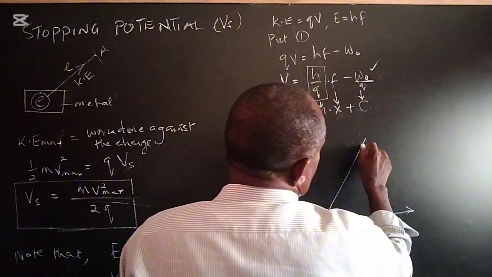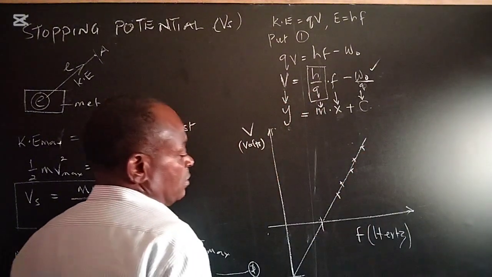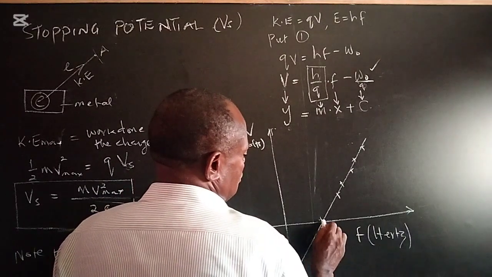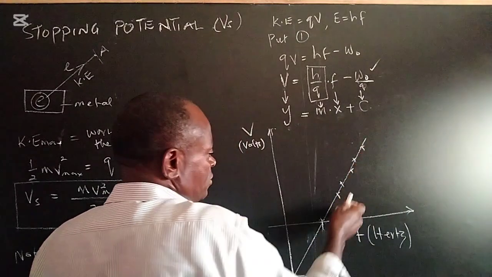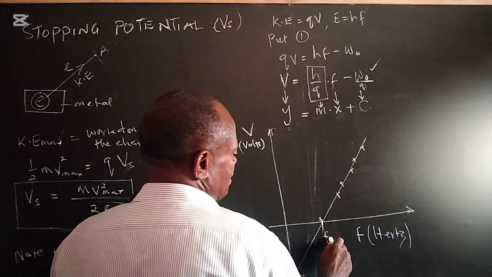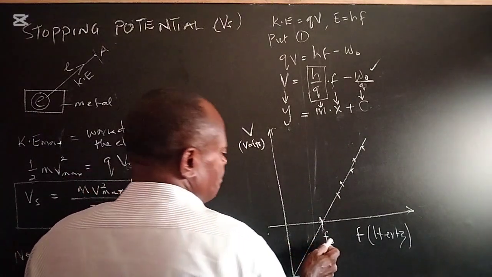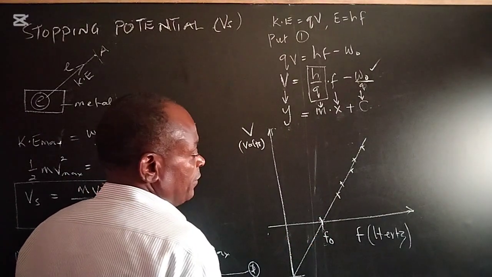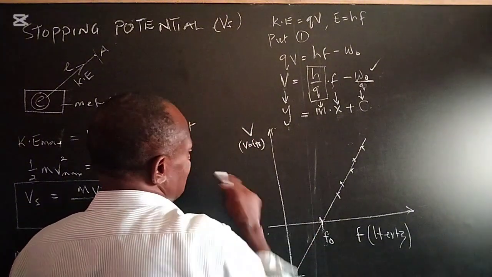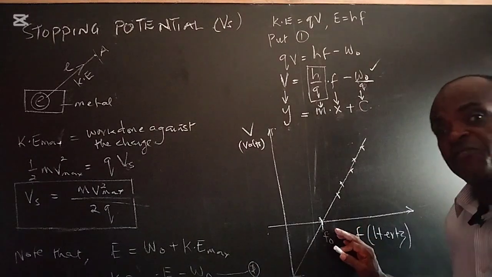Assuming your points are scattered around the graph like this, this is what it will look like. And here, this point where the graph line crosses the frequency axis shows f0, and we told you from the last lecture that f0 is the threshold frequency.